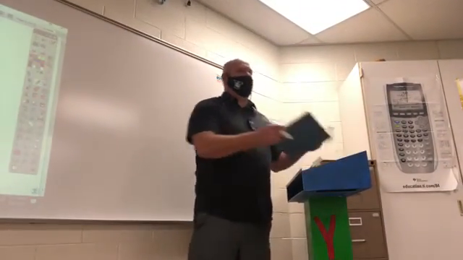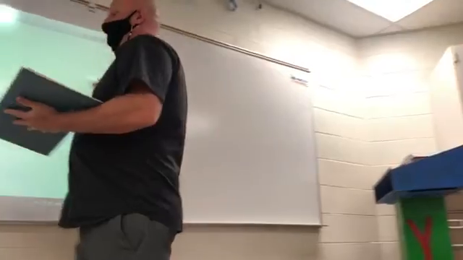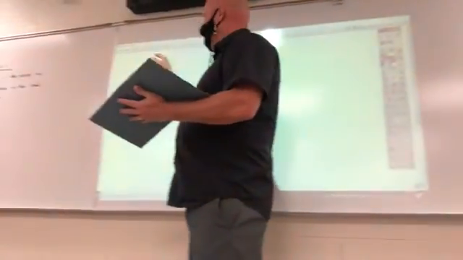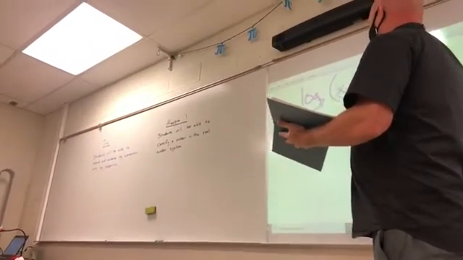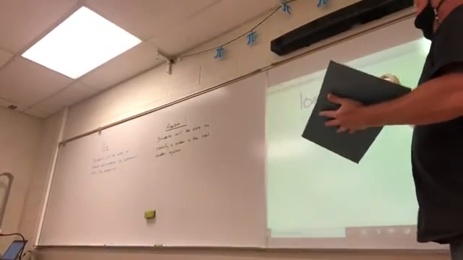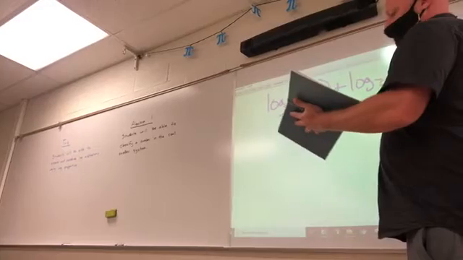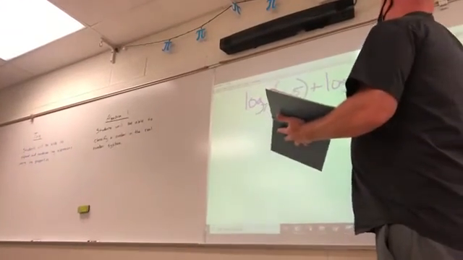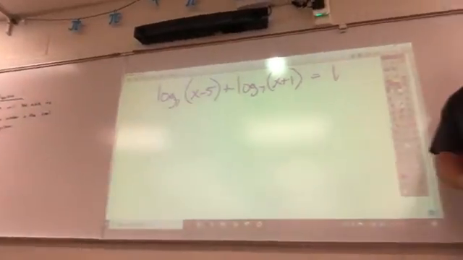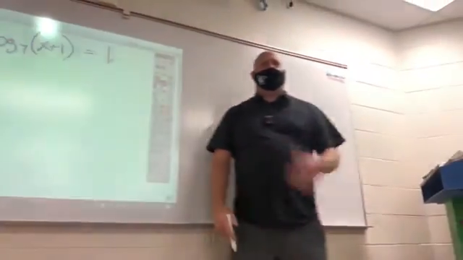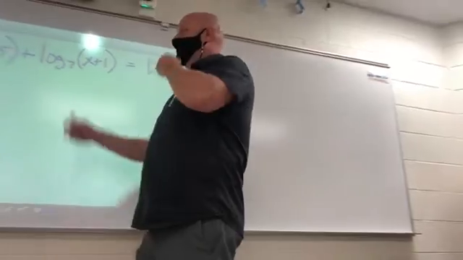How would you do a question like 63? So it says log base 7 of x minus 5 plus log base 7 of x plus 1 is supposed to equal 1. What do you think I should do first?